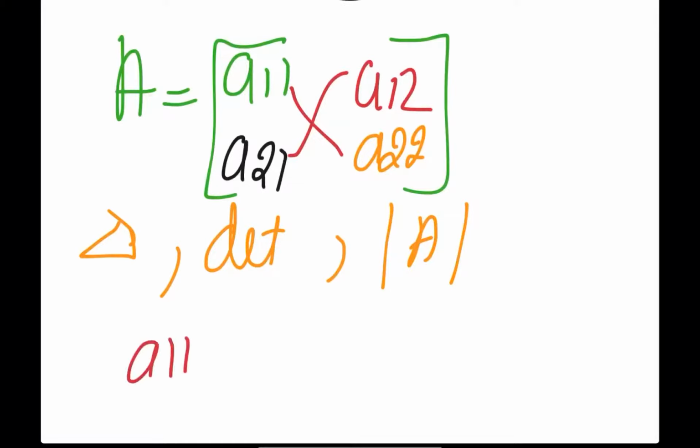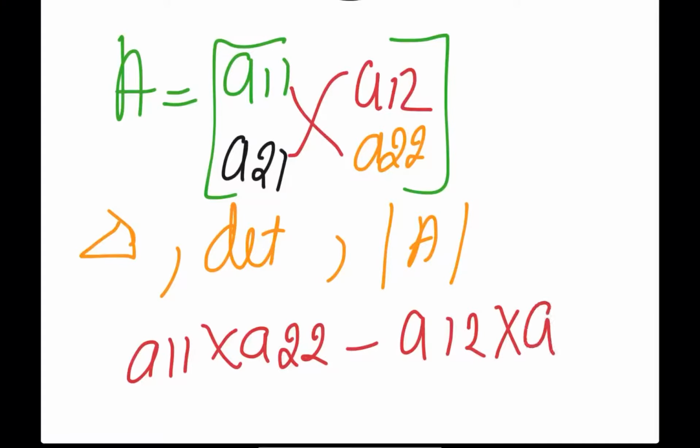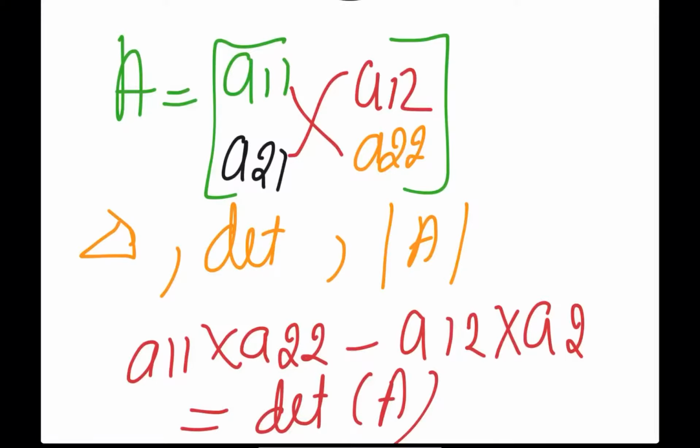So I get A11 into A22 minus A12 into A21, which gives me the value of det of A. First multiply the first diagonal elements, that is A11 and A22, and then multiply the second elements A12 and A21. Fine. So this gives you the value of a determinant.